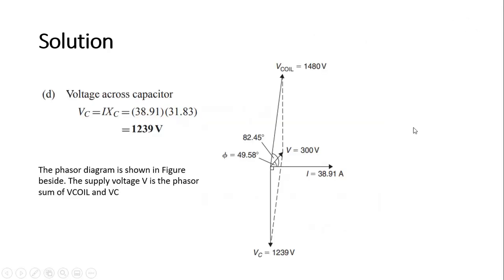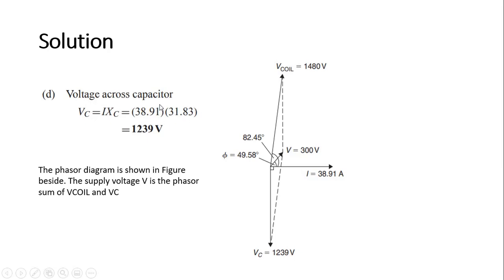So I think we have also talked about part D, which is we should find the voltage across the capacitor. We know the current as 38.91 and we have our XC. So our VC will be equal to what? I times XC.